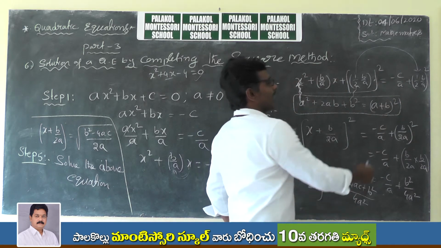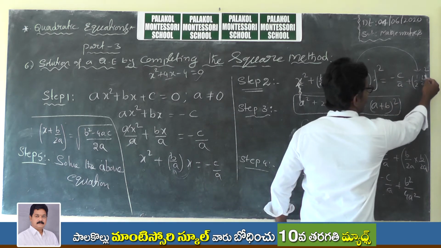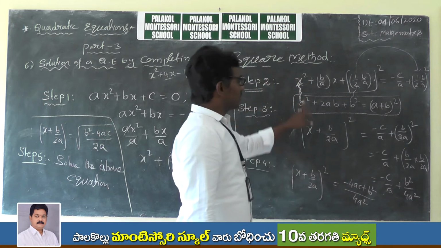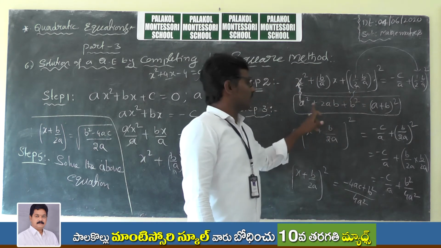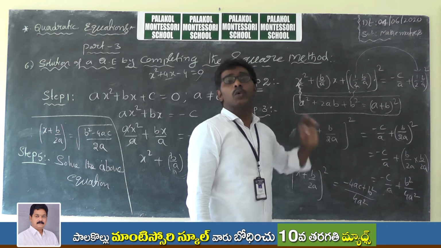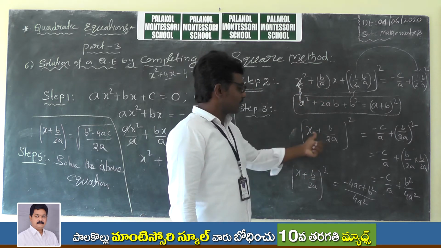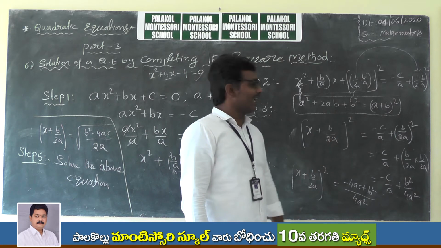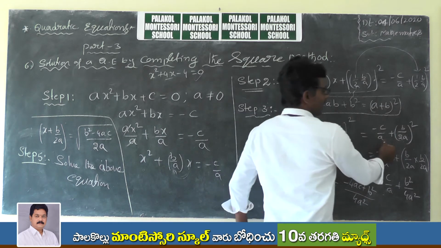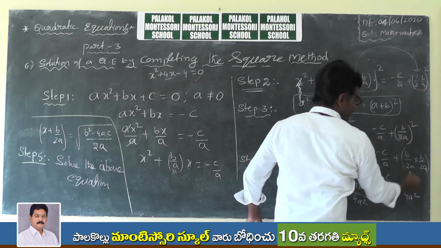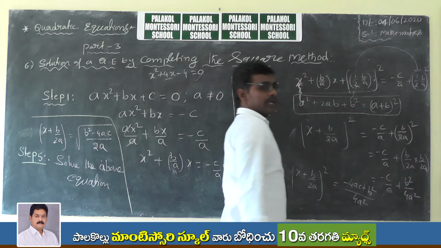So minus c by a plus of b by a whole square. Yes, this one is comparing a square plus 2ab plus b square is equal to a plus b whole square. Simply this one I write x plus b by 2a whole square equal to minus c by a. This one is a calculation, you get the b square by 4a square.